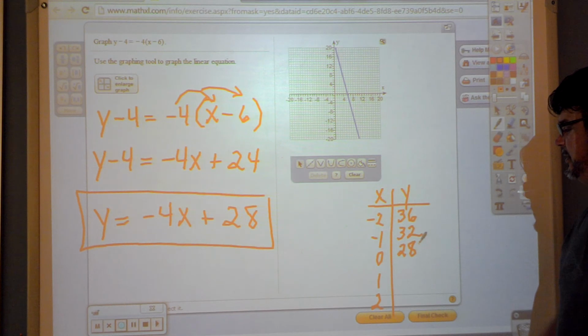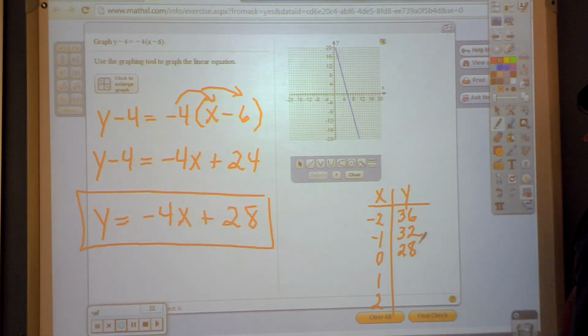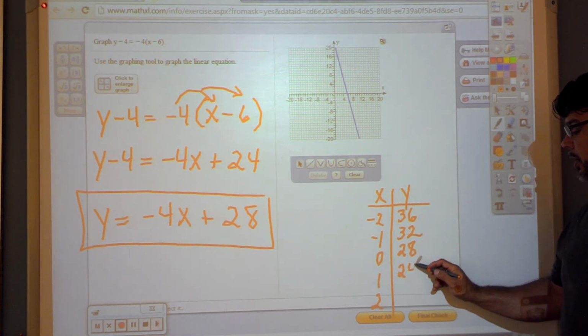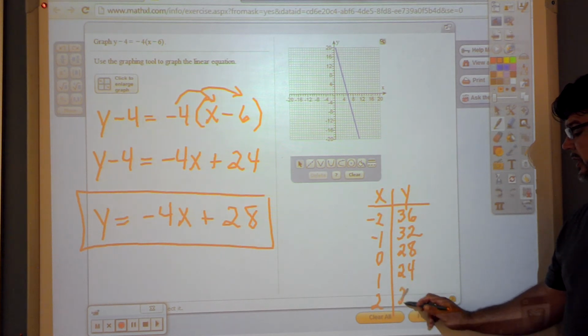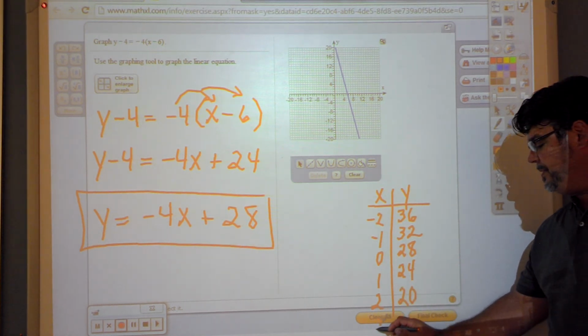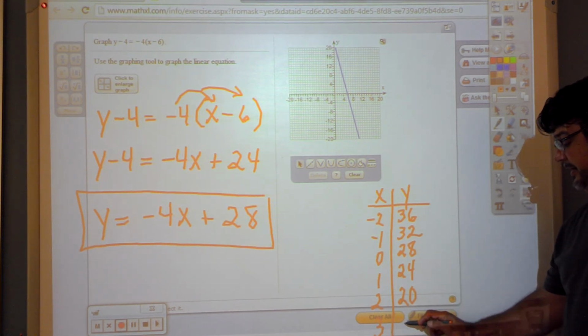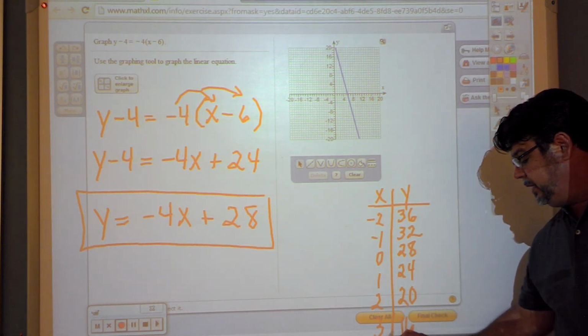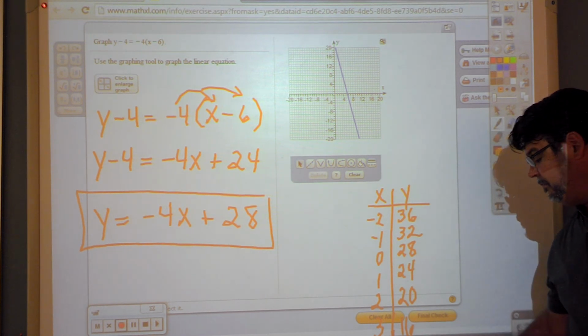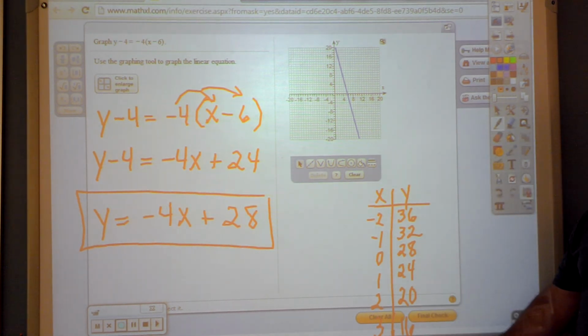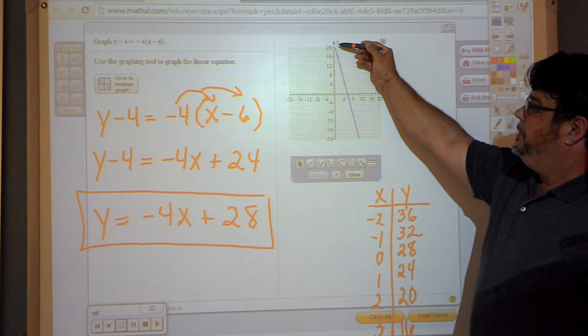You see a pattern? You're subtracting 4. So that'd be 24 and 20, and you can keep on going. What would 3 be? 16. What would 4 be? 12. And you can keep going that way because your graph is going to be between 20.